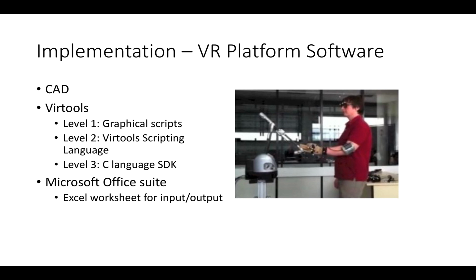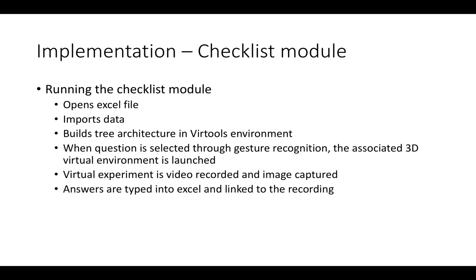The third element is the interactive checklist. The checklist has been written as an Excel worksheet. This format serves as both input and output for storage. So the checklist module itself opens the Excel file, imports the data and builds the corresponding tree architecture in the Virtuals environment.